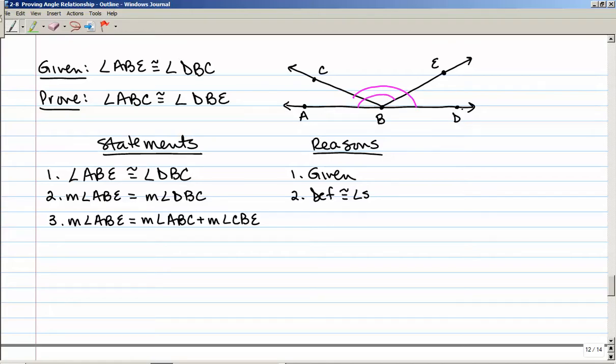And then let's do angle DBC. The measure of angle DBC, which is our other large angle, is equal to the measure of angle DBE plus the measure of angle EBC. And that is the angle addition postulate.